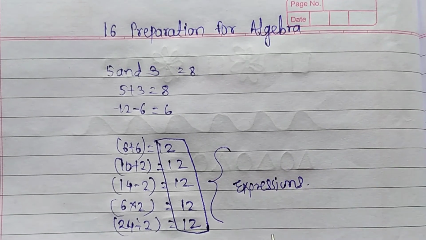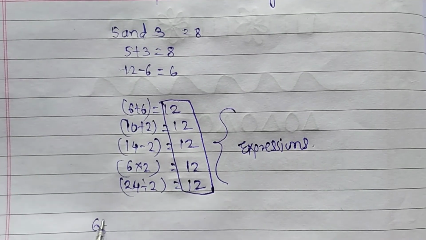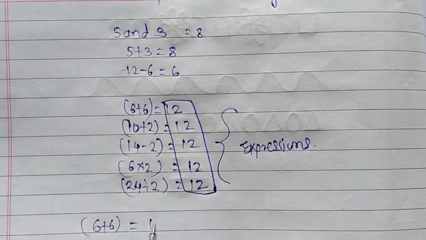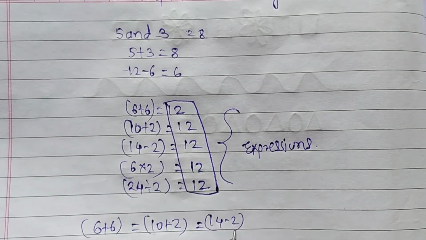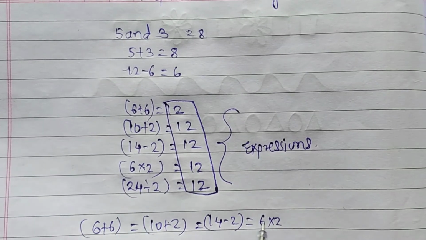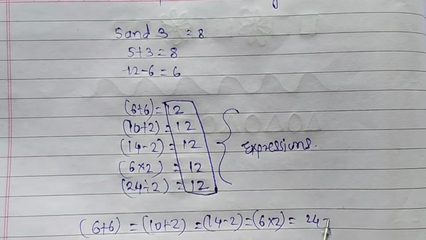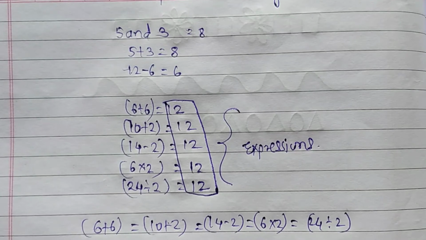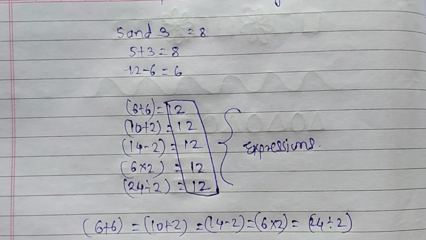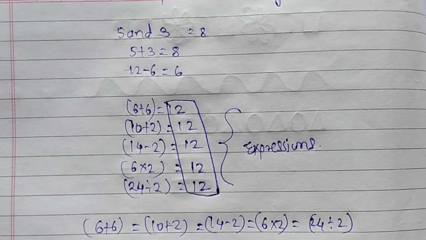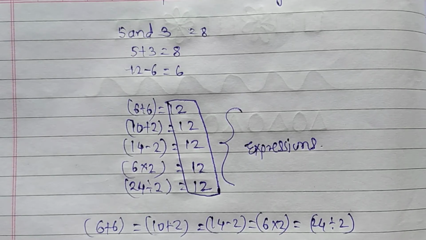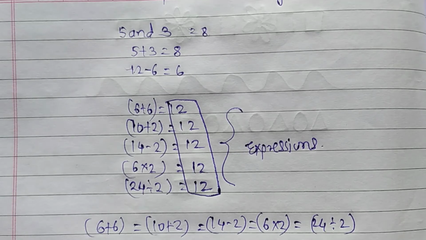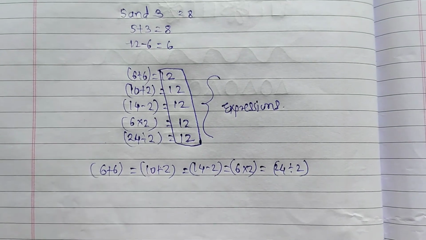We can also write this as 6 plus 6 is equal to 10 plus 2 is equal to 14 minus 2 is equal to 6 into 2 is equal to 24 upon 2, like this. An expression such as this is called an equality. So, what is equality?